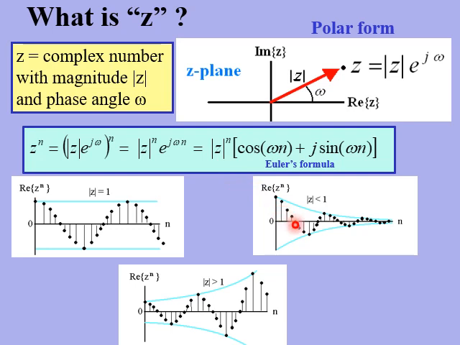So now z becomes a shrinking or decaying sinusoidal function, a decaying cosine function. And then the last case where z is greater than 1 in magnitude, we have the opposite. The magnitude is increasing with n. Thus, we have an exponentially increasing sinusoidal function. So this is a nice way to graphically visualize what z is.